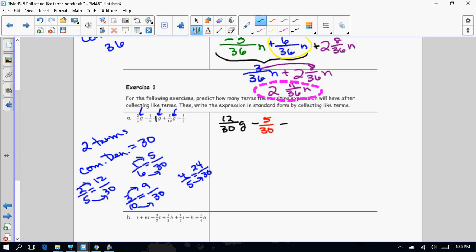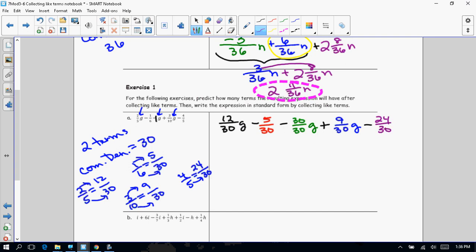And I'm going to rewrite my 1G as 30 over 30, because 30 divided by 30 is 1. So I'm just going to write it as 1G like that, plus, and then I rewrote my 3/10. My 3/10 became 9/30, and it has a G. And then minus 4/5, and my 4/5 became 24/30.